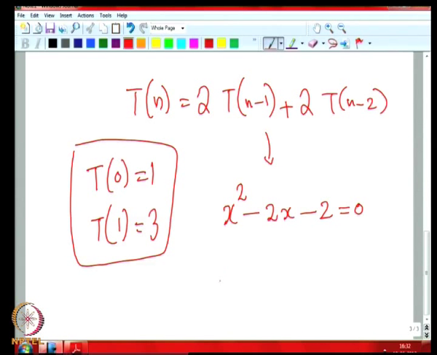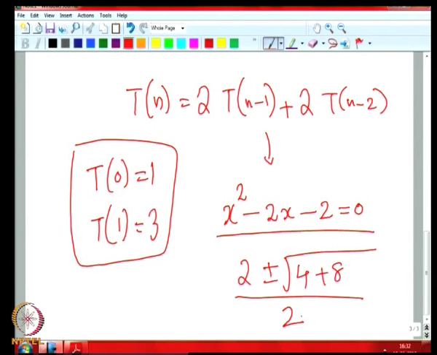We can solve it using the method to solve the quadratic equation, minus b plus or minus square root of b square minus 4ac. So that is 2 plus or minus root of 4 plus 8, divided by 2. So this is 2 plus or minus 2 into root 3, by 2.